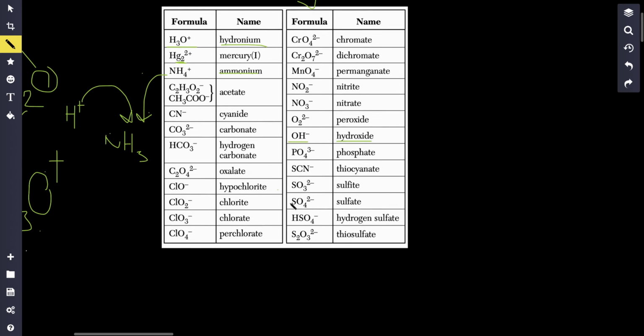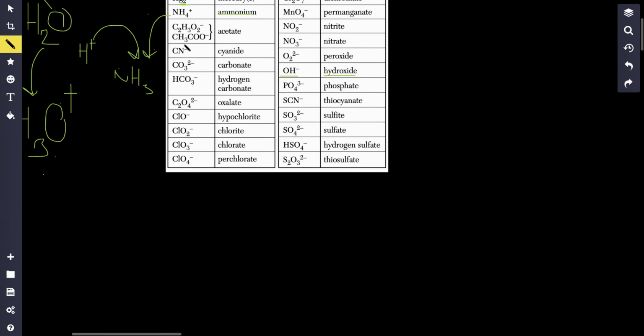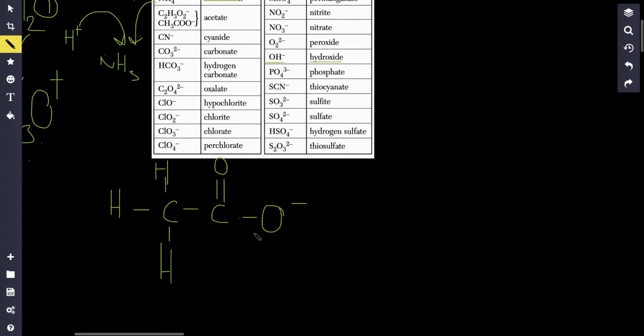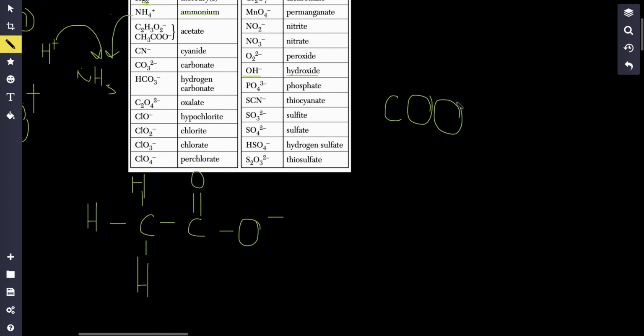Acetate seems pretty complicated at first, but you can just draw this out. So this is CH3, then it's C, and then OO. So you have oxygen up here, and then you're going to have oxygen right here, and this is going to have a negative charge. Now this is the acetate anion. When we have a carbon, oxygen, and hydrogen group, this is something known as an organic acid, also known as carboxylic acid.